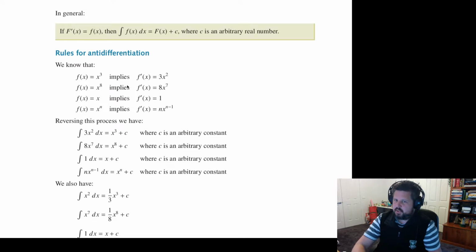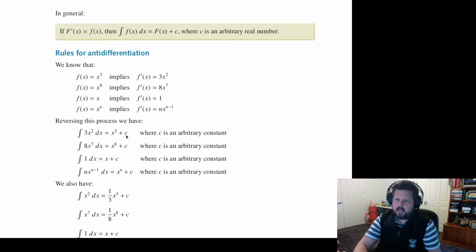That's differentiation. By looking at this, we could say if we were to get the antiderivative of this, it should go back to this here. So let's look at reversing that process. If we have the general antiderivative of 3x squared with respect to x, obviously it's going to be equal to x to the power of 3, but you have to put on this plus c on the end, which is that arbitrary constant.